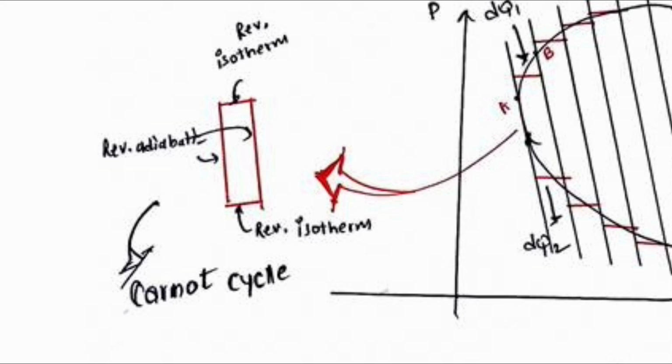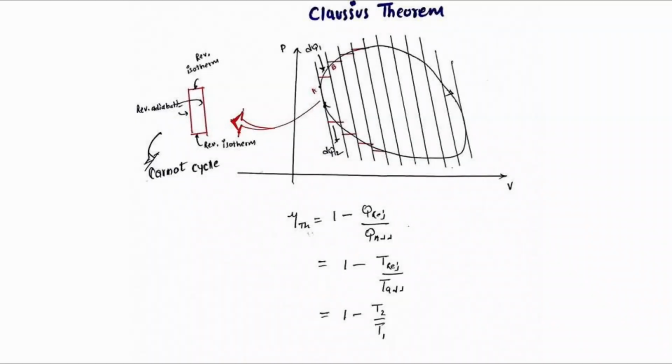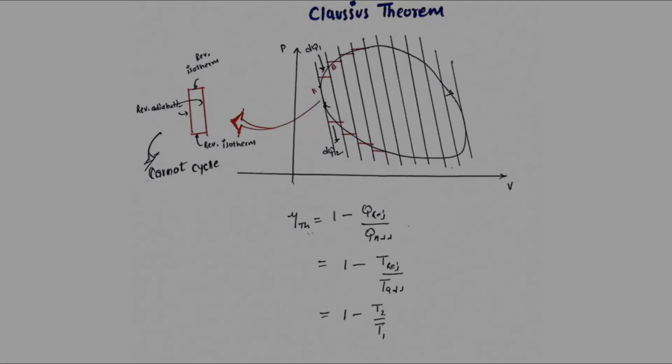That means two reversible adiabatic processes as well as two reversible isothermal processes and the consequent heat addition and heat rejection. So for this particular elemental strip, the thermal efficiency would be given by what? 1 minus the heat rejected by the heat added, that is Q rejected upon Q added, and that would be equal to 1 minus temperature at rejection upon temperature at addition, that is 1 minus T2 by T1.